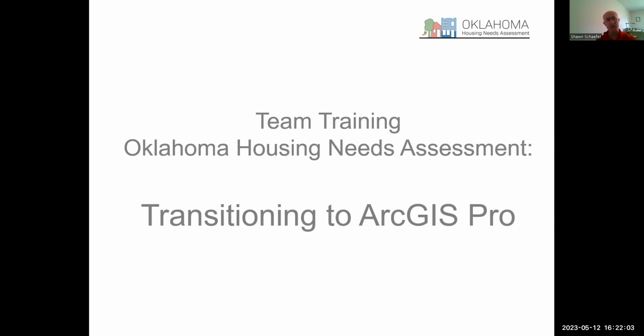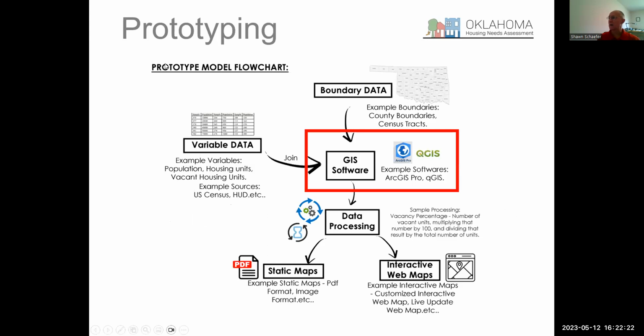Now there are some quirks to it, particularly transitioning over when you're using data that you used before. It may not work unless you do some conversion, so we'll take a look at some of that. This is all part of our prototyping workflow, back to the GIS software, and that's what we're going to focus on during this.